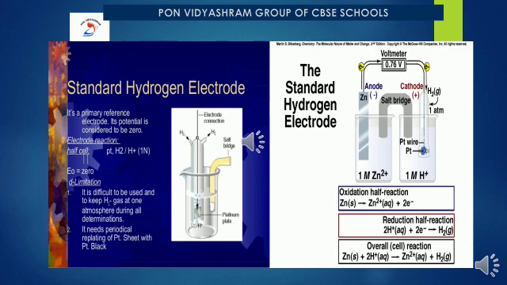Now, this gives the reduction potential of the other half cell, which we have to calculate for zinc, so that it will give the reduction potential of the zinc electrode. If the concentrations of the oxidized and the reduced forms of the species in the right hand half cell are unity, then the cell potential is equal to what? Equal to the standard electrode potential.